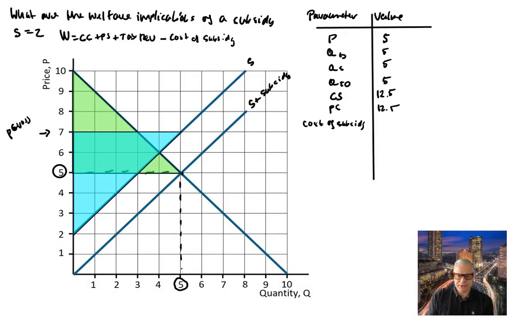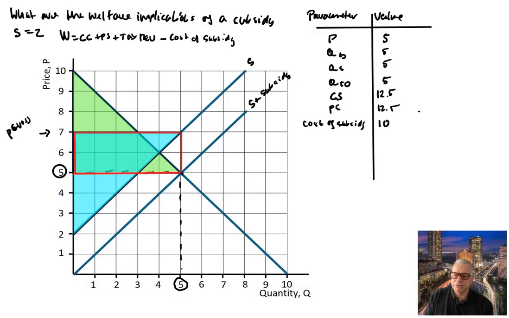Well, because we have 5 units turned over in the market, and each unit turned over in the market carries a subsidy of 2, the entire subsidy is 5 times 2, so we get this rectangle. So this area is 10.